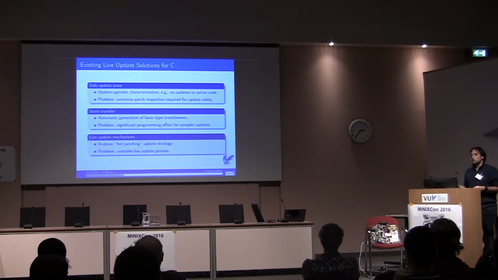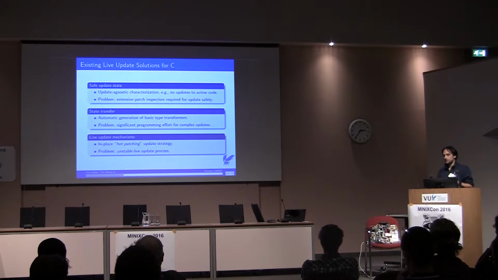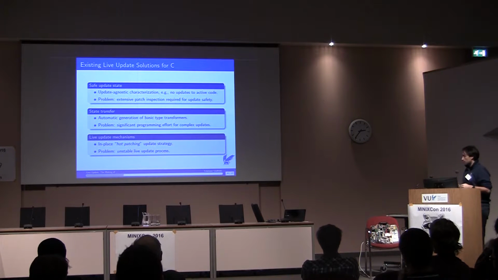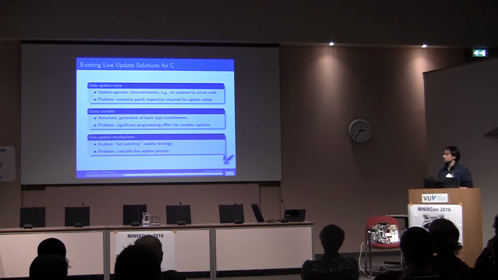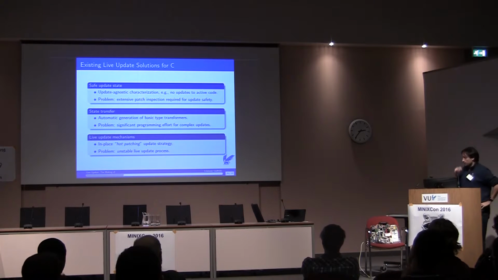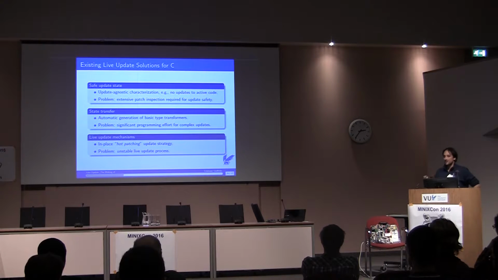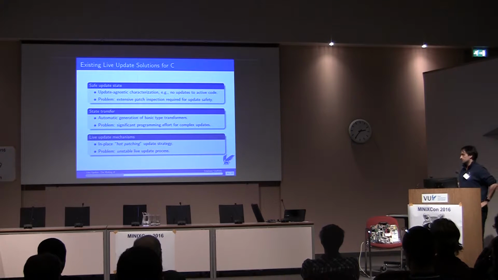So next we looked at why Ksplice and similar solutions can only support these small updates, small patches, and cannot scale to more complex updates. This really has to do with the way these solutions deal with the fundamental challenges behind live updates. So first, to identify a safe update state, they typically use an update agnostic characterization of safe update state.